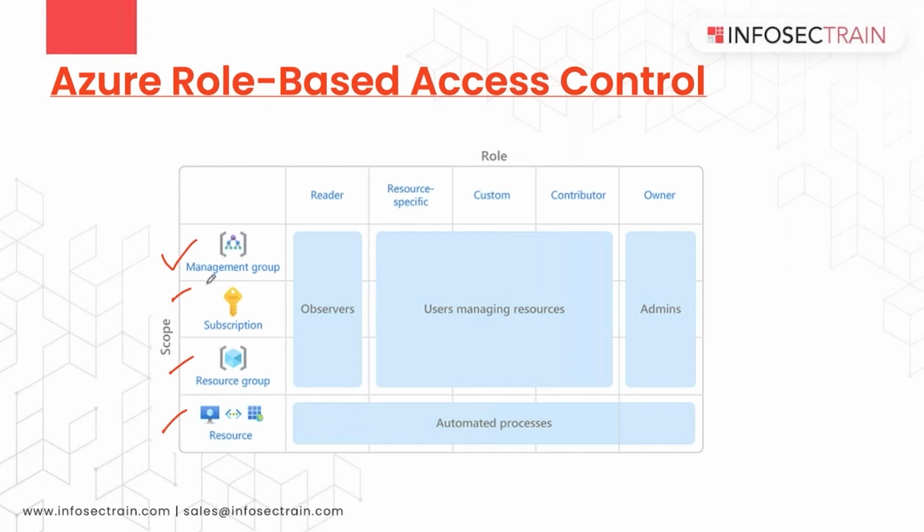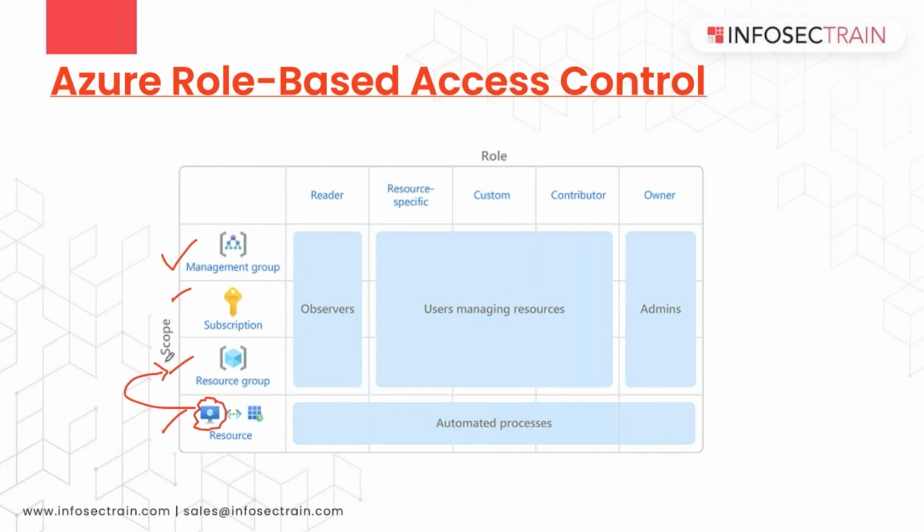Now, when I talk about this hierarchical model, remember I was telling you in the very beginning when I was giving the example of Netflix. The purpose behind it is, for a simple example, there is a resource like your virtual machine. One thing that is mandatory in Azure is that if you're creating a resource, it must be part of a resource group.